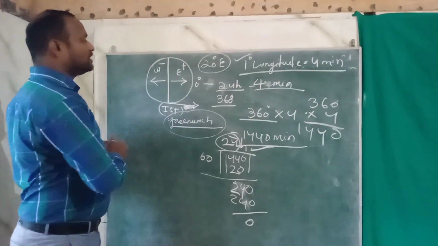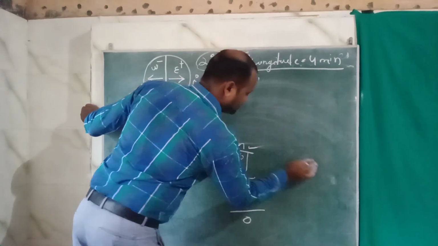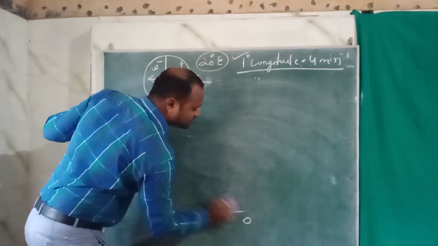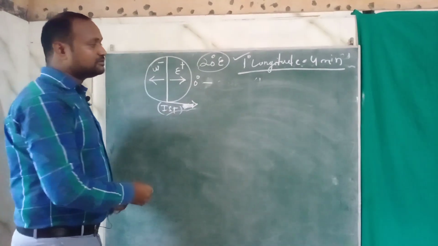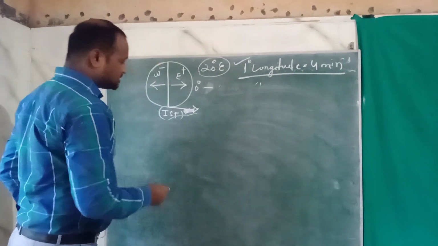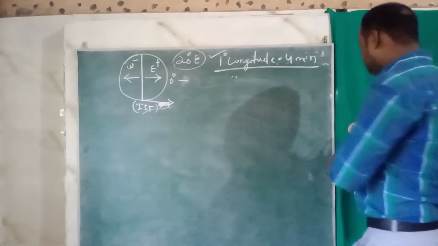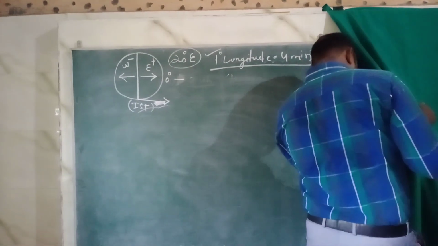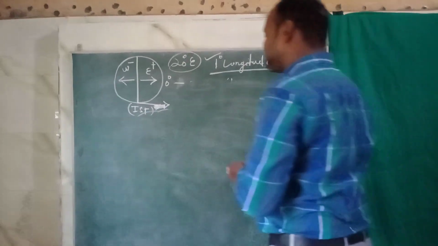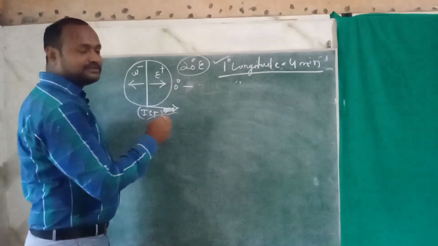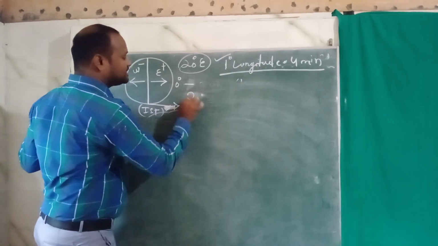So let's calculate some time so that you can easily understand how we can calculate the time of different places. Okay student, so let me calculate some time. For example, here is 80 degree east.